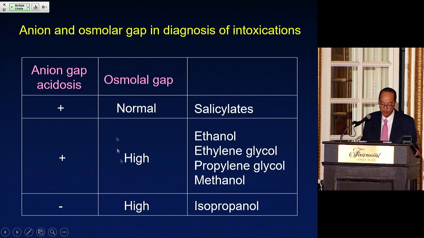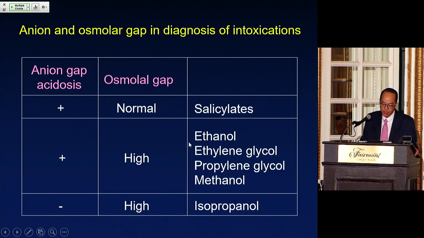Anion gap plus osmolar gap: either alcoholic ketoacidosis, but she didn't have keto acids, or propylene glycol, but that's really an in-hospital intoxication. So it's either ethylene glycol or methanol. Hemodialysis is absolutely appropriate in a patient like this, but it doesn't precede blocking the metabolism of the alcohol to its toxic metabolites.